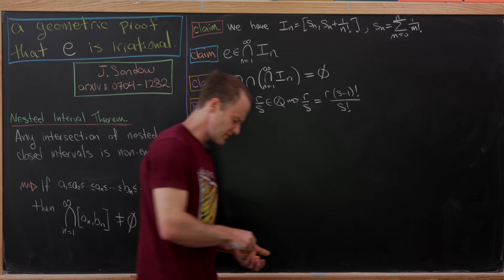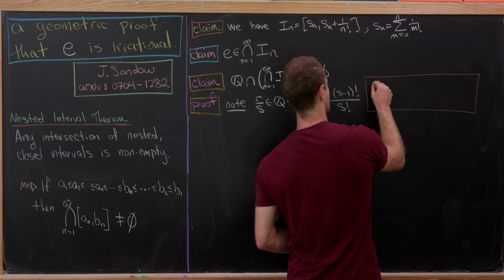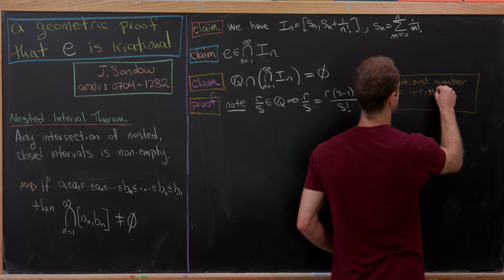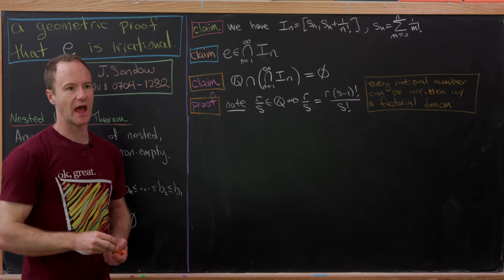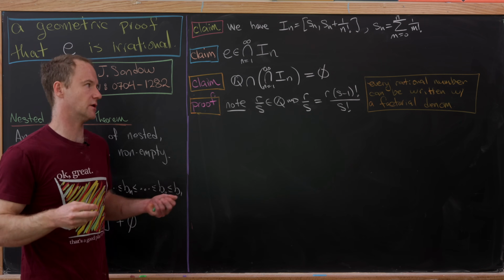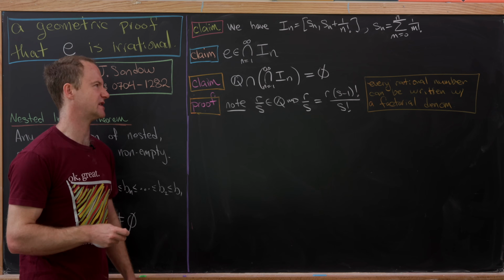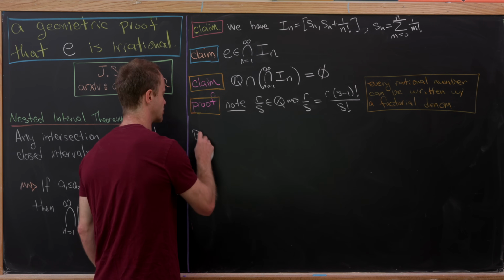Okay, so maybe what's really the takeaway from this? The takeaway here is every rational number can be written with a factorial denominator. Great. And we're going to use that little fact about rational numbers to show that this intersection is in fact empty. And we're going to do that by way of contradiction.